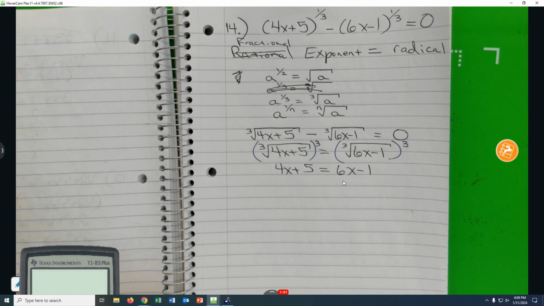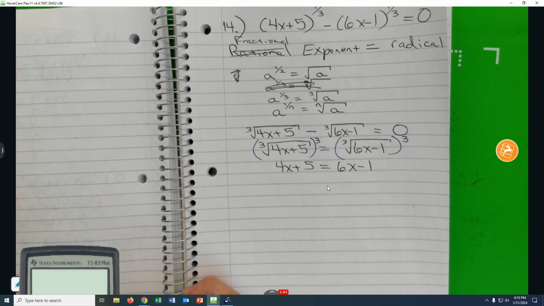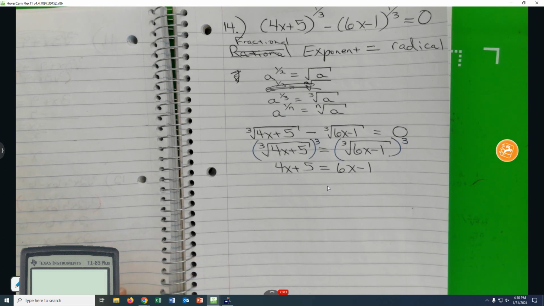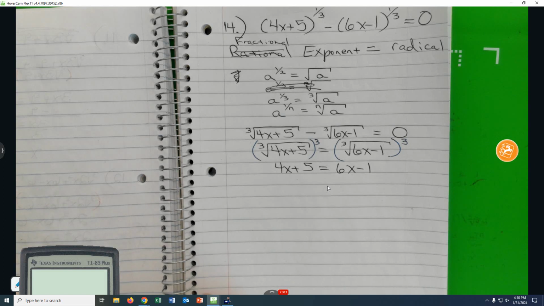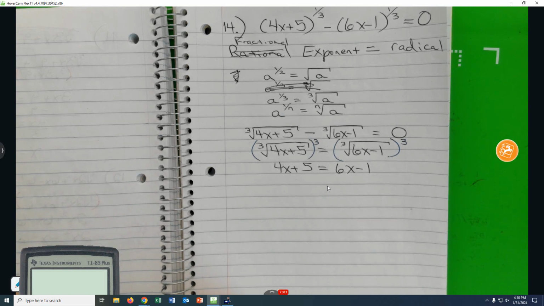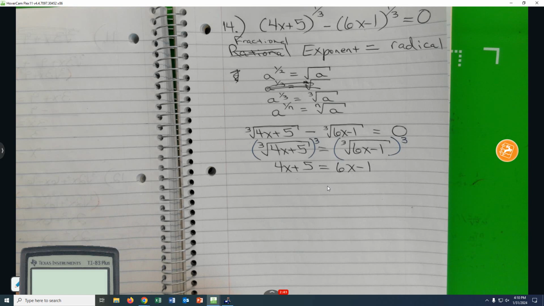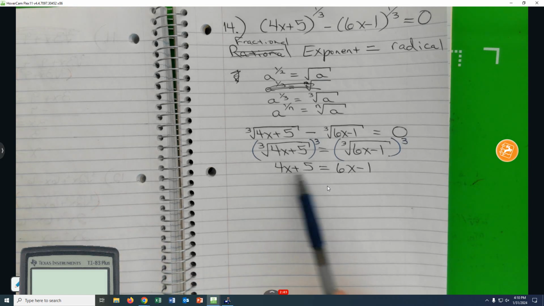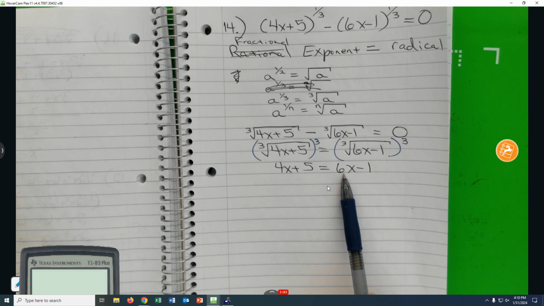So let's group our x terms together on one side and our constants together on the other side. What do y'all want to do? I'll let y'all tell me what you want to do. There's really no wrong way to approach it. Either put all the x's on the left or put all the x's on the right, whichever one minimizes the number of negatives. People mess up with more negatives. Let's move the 4x over to the right.